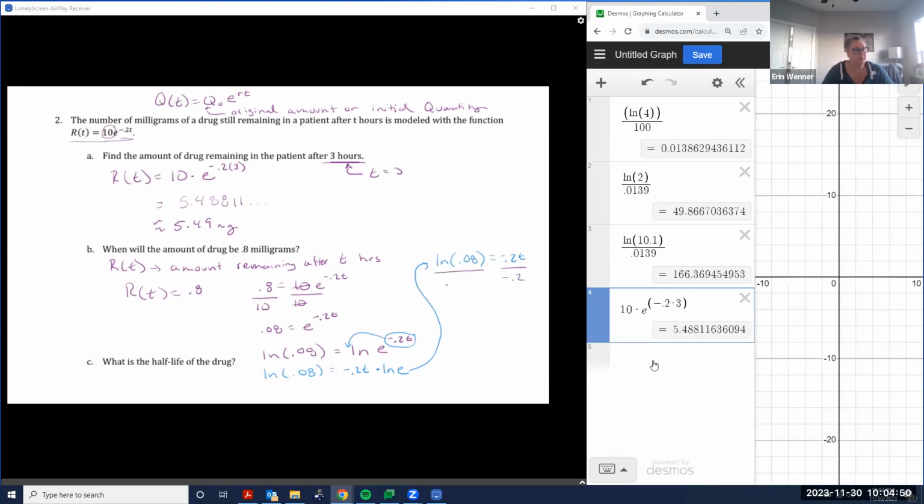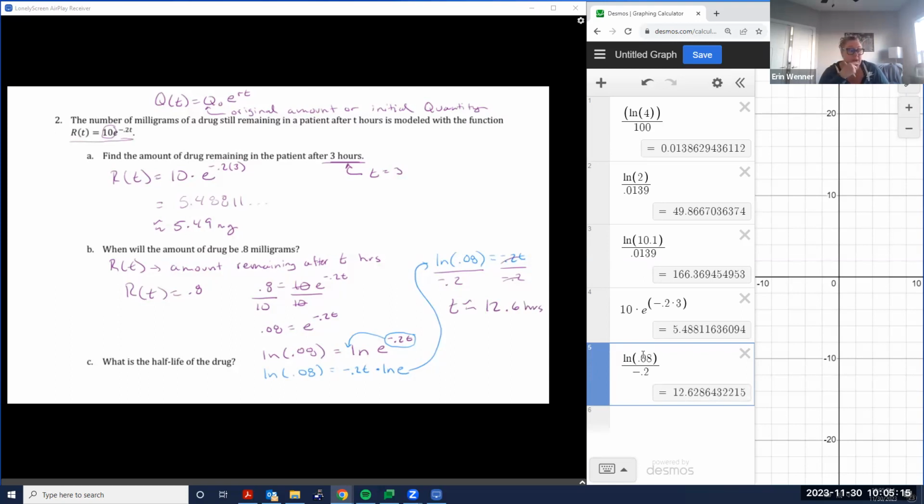So going into Desmos, we'll do the natural log of 0.08. And then we'll divide that by negative 0.2. And that gives us T is approximately equal to 12.6 hours, right?